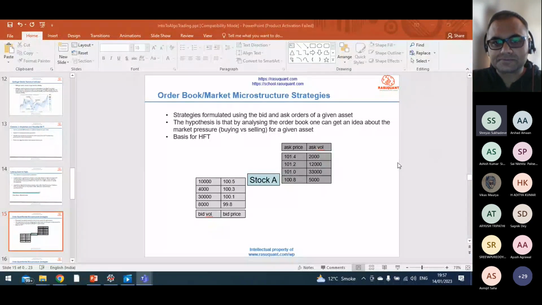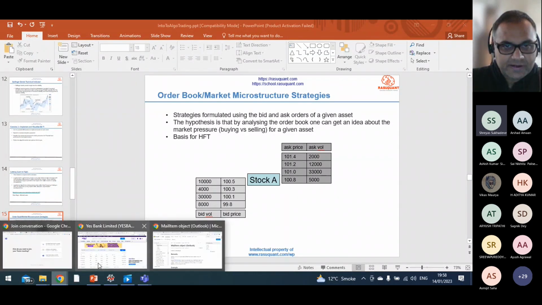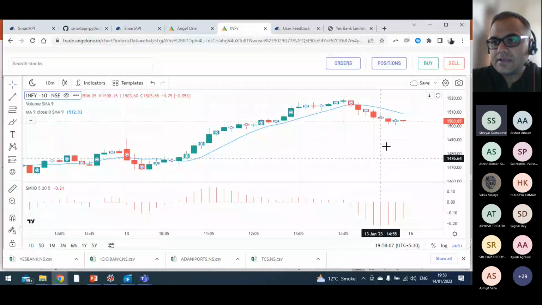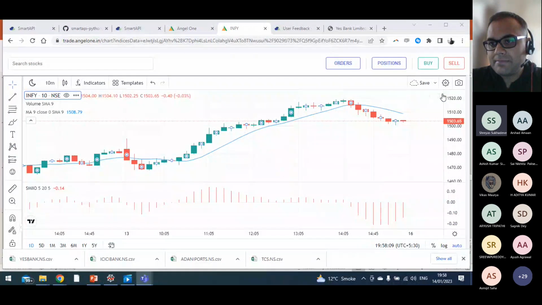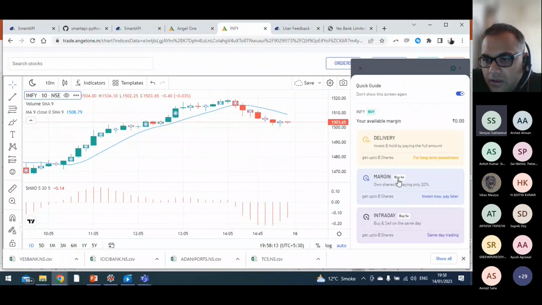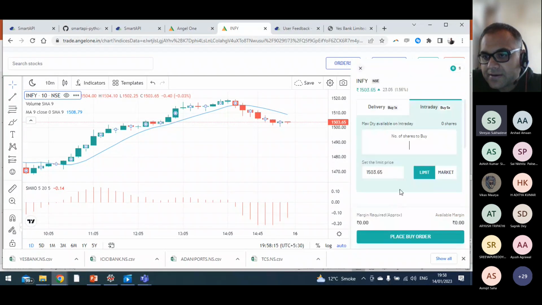Okay, so again, it's going to be a bit challenging if you don't have any idea about the markets, but let me tell you how trading works in the market. When you go to your trading terminal, say I am in my trading terminal and I click on the buy button, let's go to intraday, right?